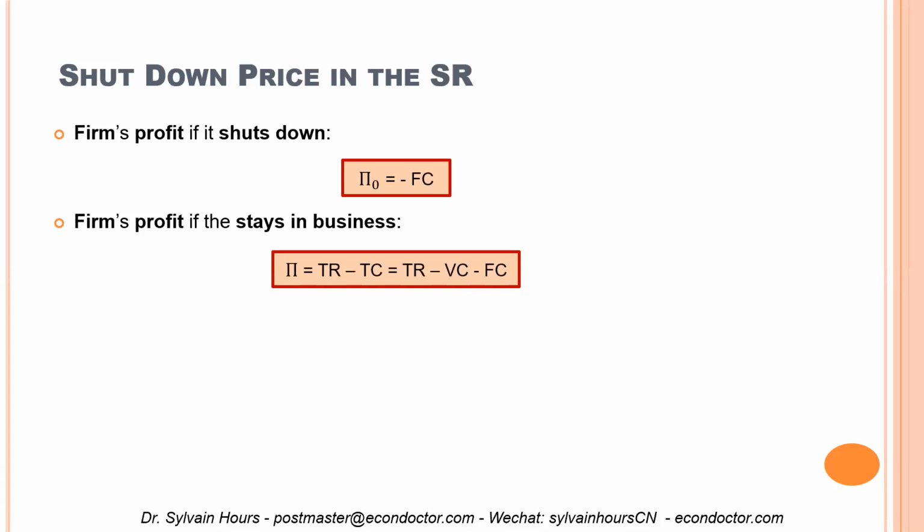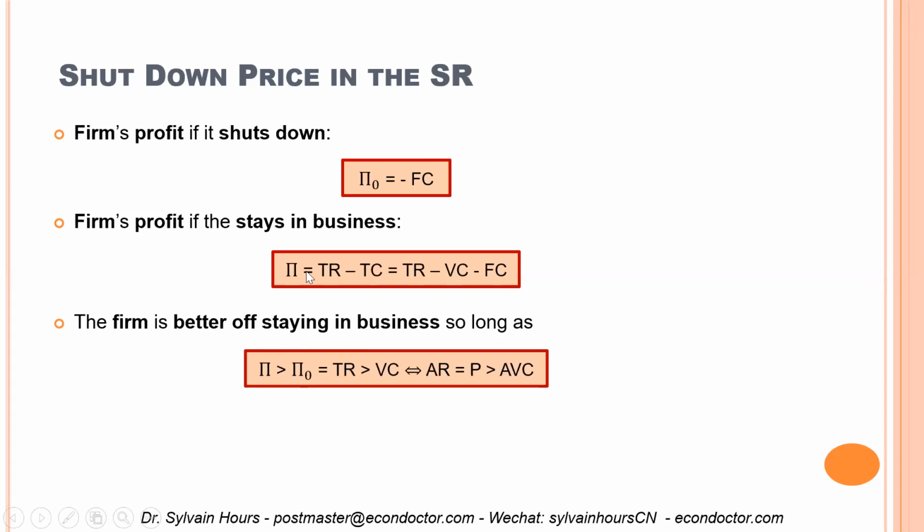Okay. So then we can just compare in which case is it better to stay in business? Well, if this second expression is greater than the first expression, the firm is better off staying in business as long as capital pi, which is the profit when I stay in business, is greater than pi 0, which is the profit when I shut down.